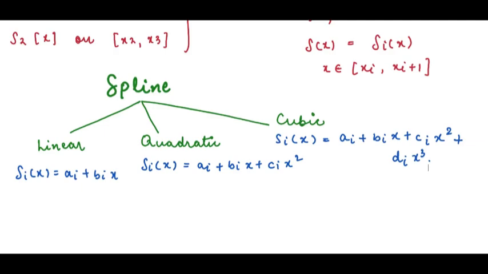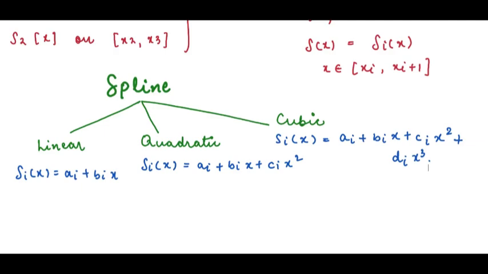Now, you may ask why do we usually use cubic polynomials? A linear spline is easy to construct, but the slope generally changes abruptly at the knots. A quadratic spline provides more smoothness, but it doesn't offer the same level of flexibility.